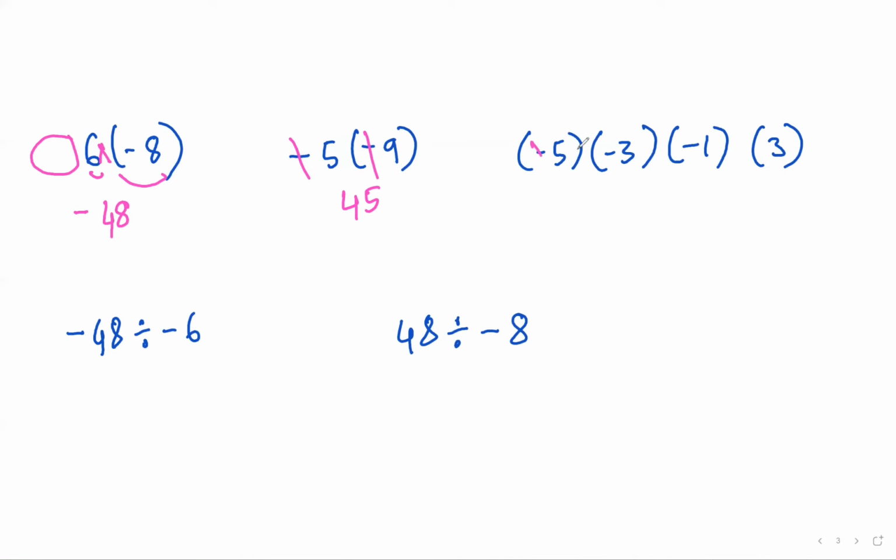Here see, this negative cuts. So 5 threes are 15. But here there is a negative, and here there is no negative, so I cannot cut. -1 into 3 is what? -3, because you cannot cancel your minus sign. Here there is minus, but here there is no minus, so you cannot cut. 15 threes are -45.